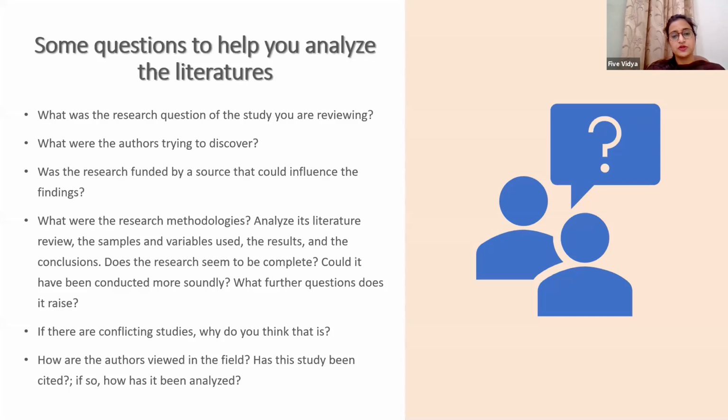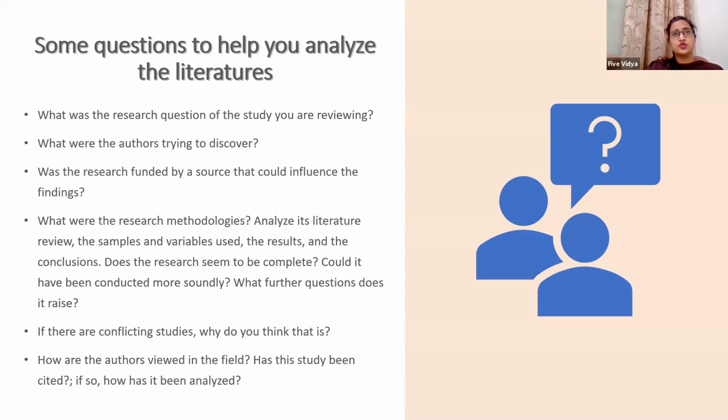Now, there are some questions you can ask yourself when you are analyzing the literature, when you are finalizing whether you need to use this paper for your literature review or not. A few questions I have listed here: what was the research question of the study you are reviewing, what were the authors trying to discover?